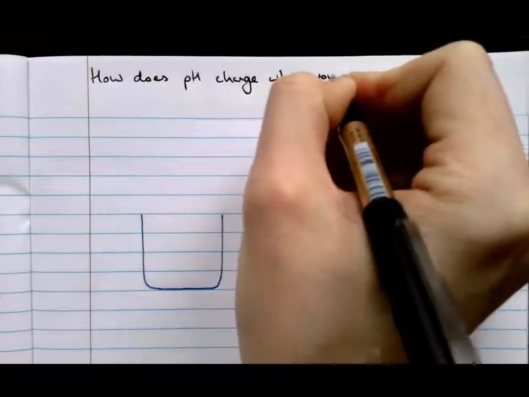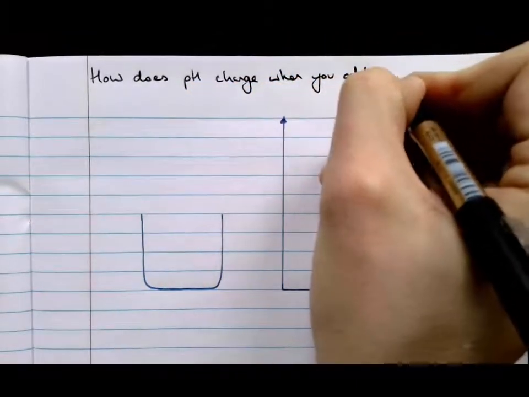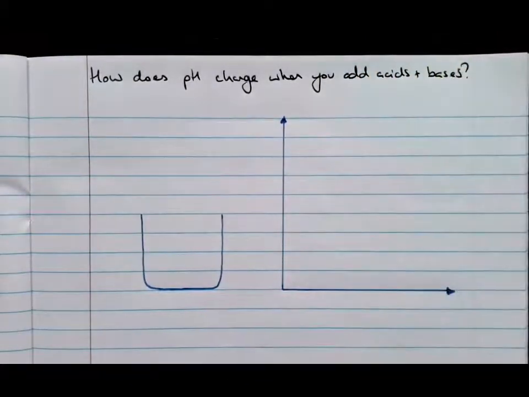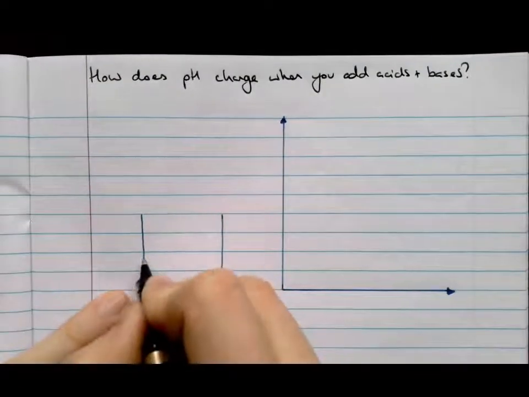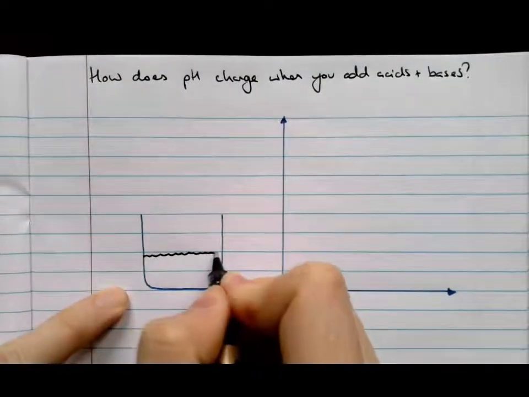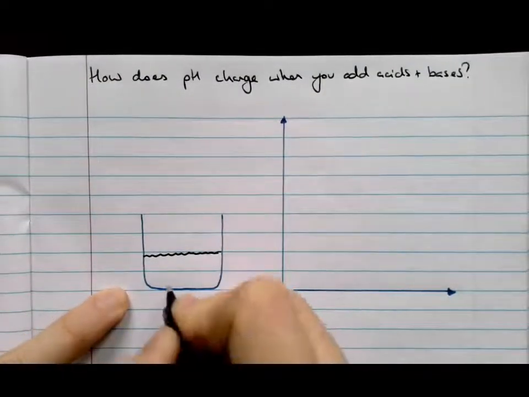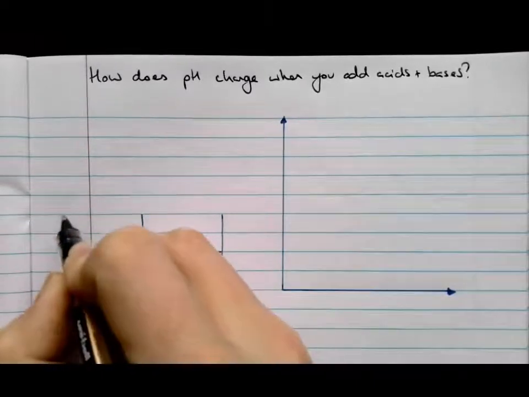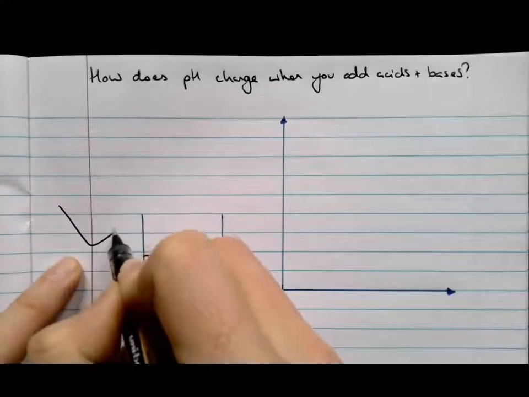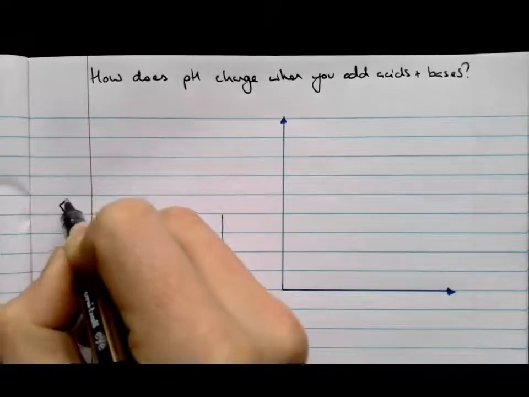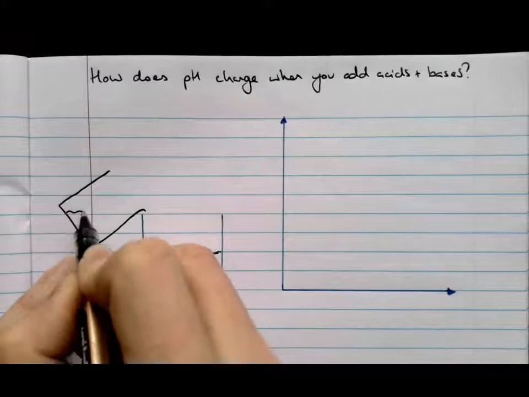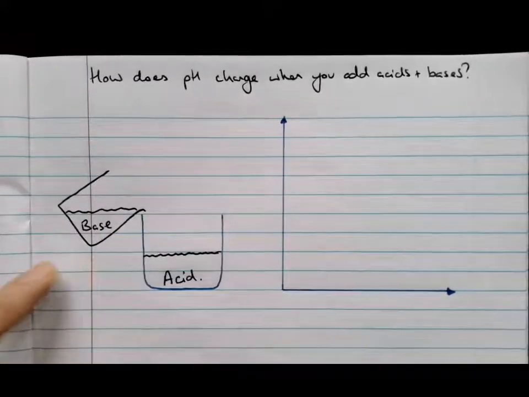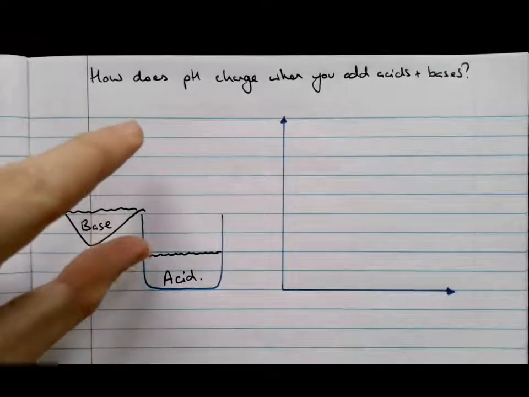So what I've got here is, imagine this is a beaker with an acid in it, and then I've got another beaker which has got a base in it, and I'm going to pour this in.